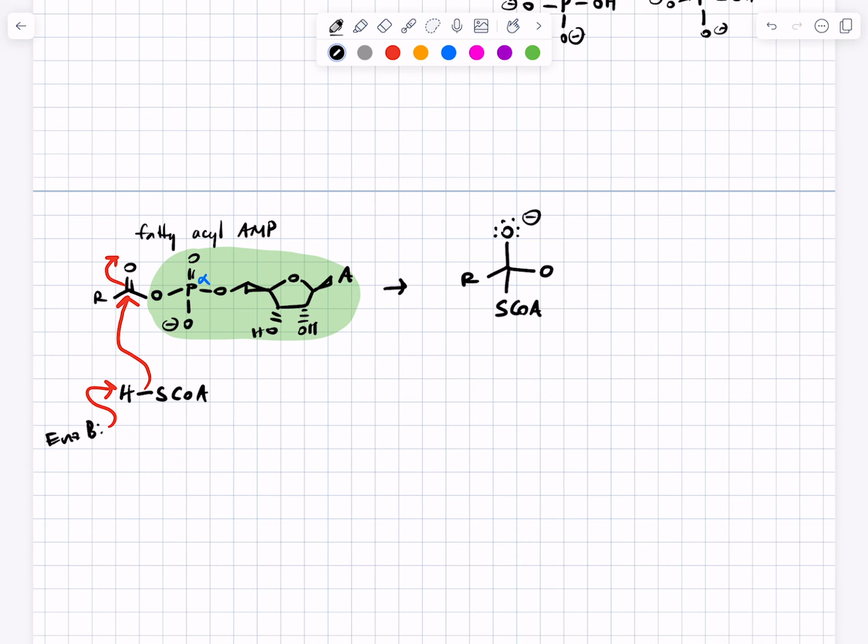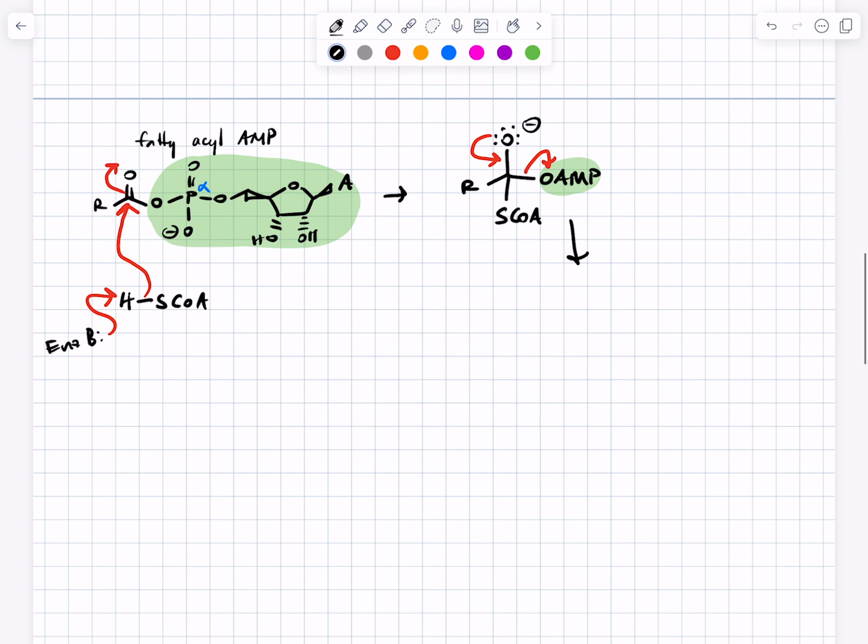I'm going to abbreviate that AMP leaving group in green on the left, just as OAMP to simplify our drawing. Electrons will kick down, AMP will leave, and that will give us our fatty acyl CoA, which is a thioester.